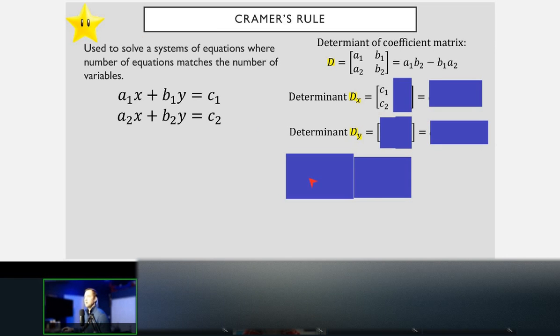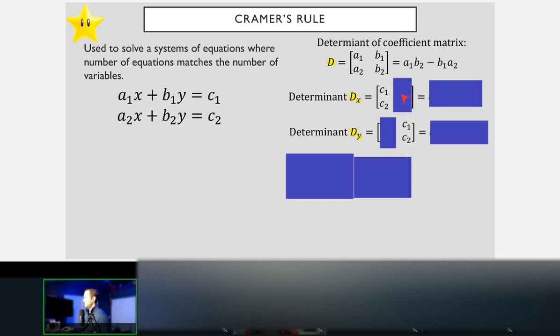And then you can probably guess that when we're doing d sub y, the determinant of y, your y column becomes your constants. So I'm going to just uncover those. All right, everyone awake and clear and heard me on that? All right, going on to the other two.